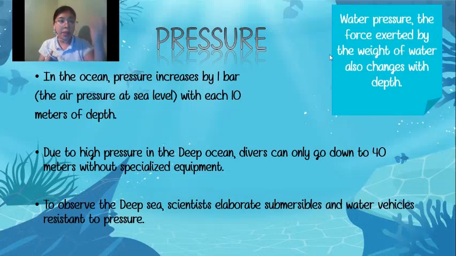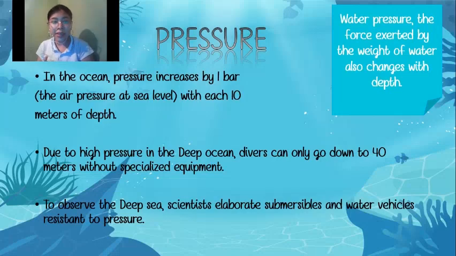So obviously when we go deeper, the water pressure will be higher, as we said previously. So I think this point is pretty clear, the one about the deep sea. Scientists elaborate submersibles, water vehicles to resist pressure. Because us as humans, as I said, without special equipment, we can't go very far down. So that is why we invent machines to transport us down and down in the water.